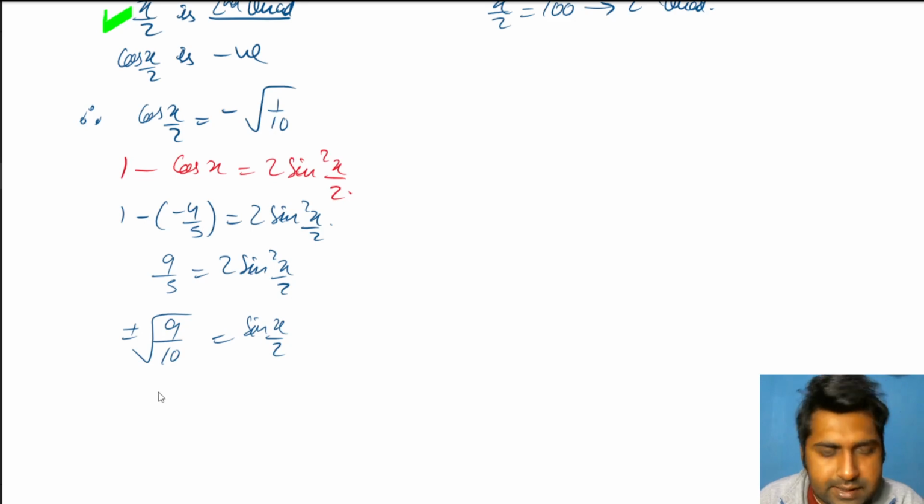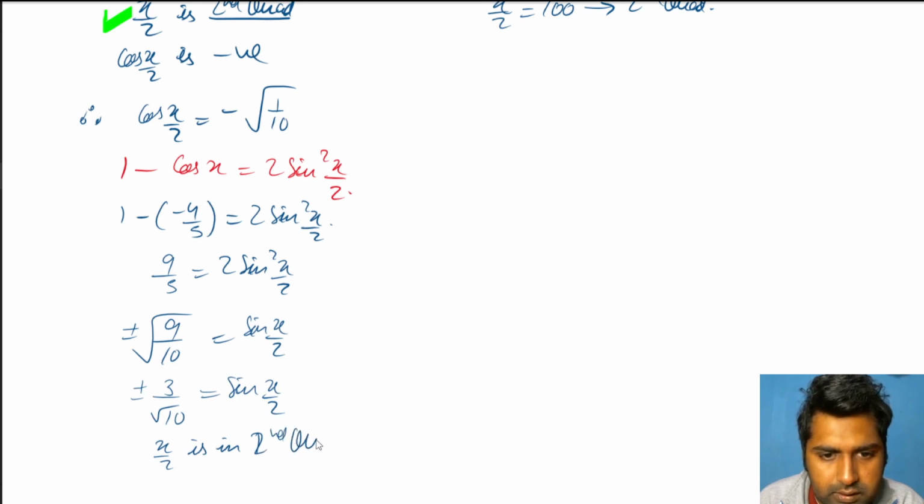And x by 2 is in second quadrant. So let's modify this. Square root of 9 is 3. So plus minus 3 by root 10. That's your sine x by 2. Now again same thing. X by 2, we have already decided, is in second quadrant. So in second quadrant sine x by 2 will be positive.